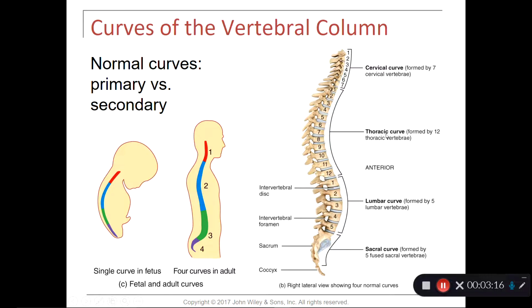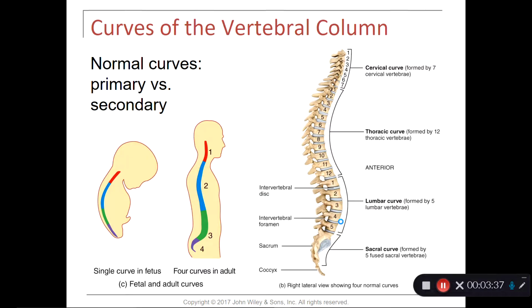The reverse is true as well: thoracic minus lumbar gives you the number of cervical. 12 minus 5 is 7. You could also add the cervical and lumbar numbers and get 12. It's just a quick trick to help you remember the numbers in each region.